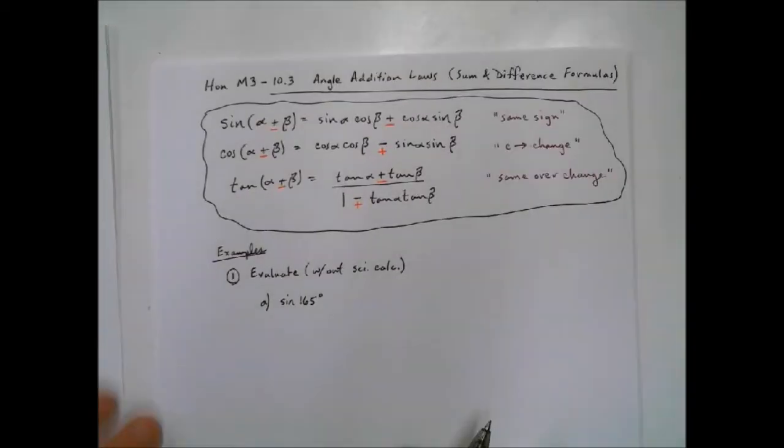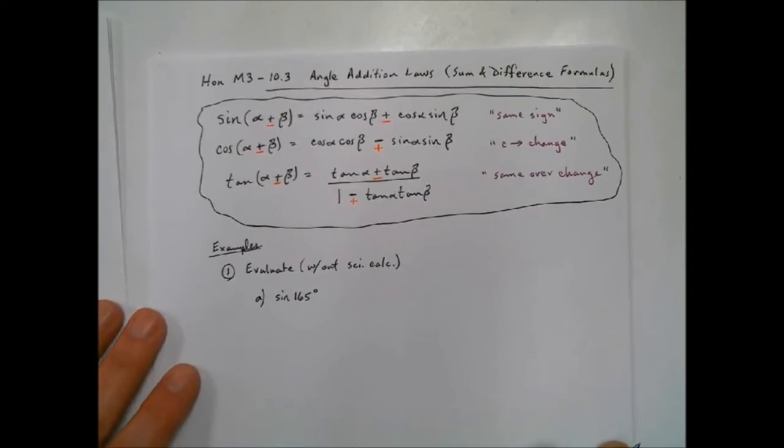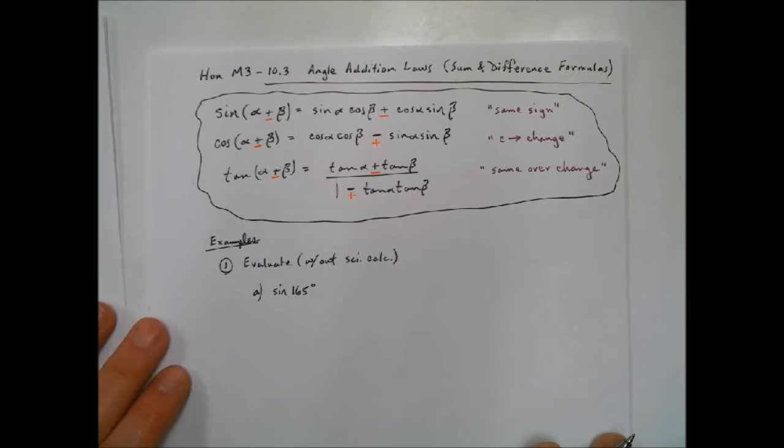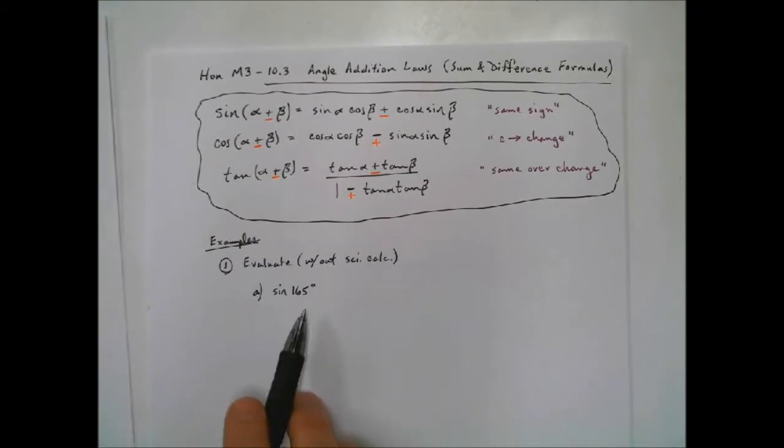Okay, so let's do some examples of some of the things that you'll be using the angle addition laws with. So evaluating some trig functions without a scientific calculator. Now, previously, we have only been able to evaluate trig functions with 30-degree reference angles, 45-degree reference angles, 60-degree reference angles, and the quadrantal angles as well.